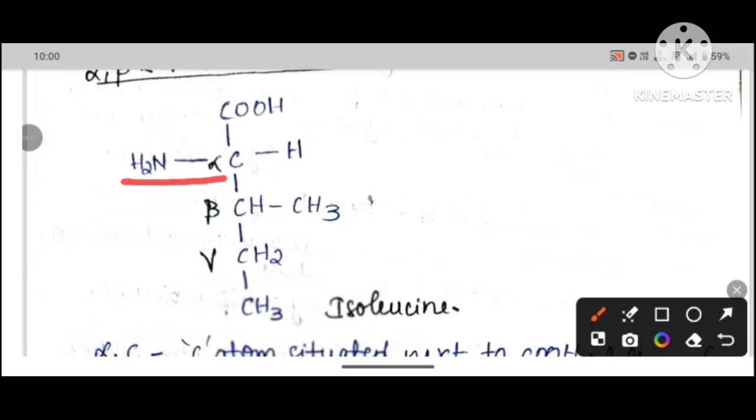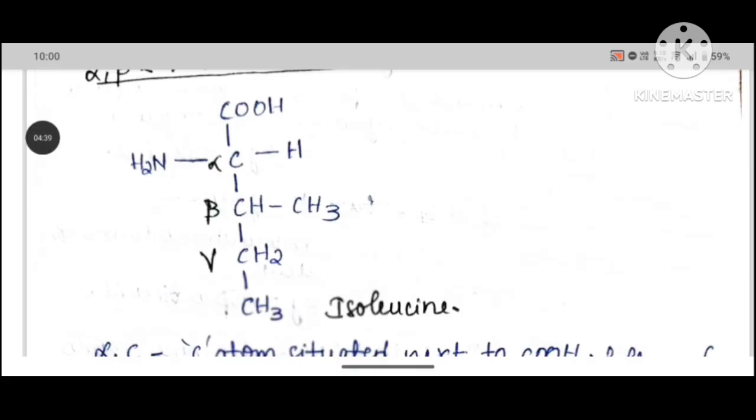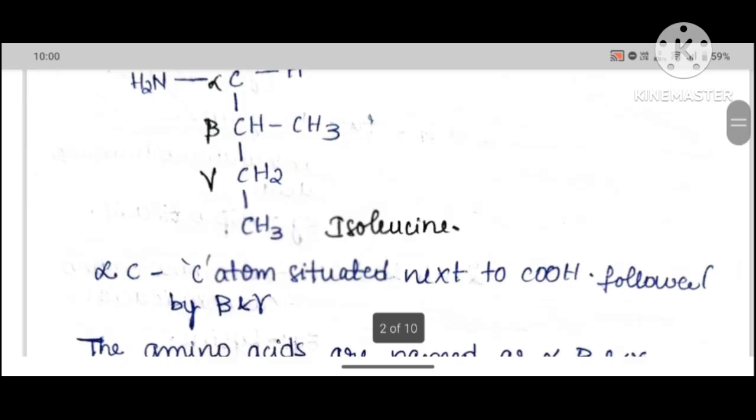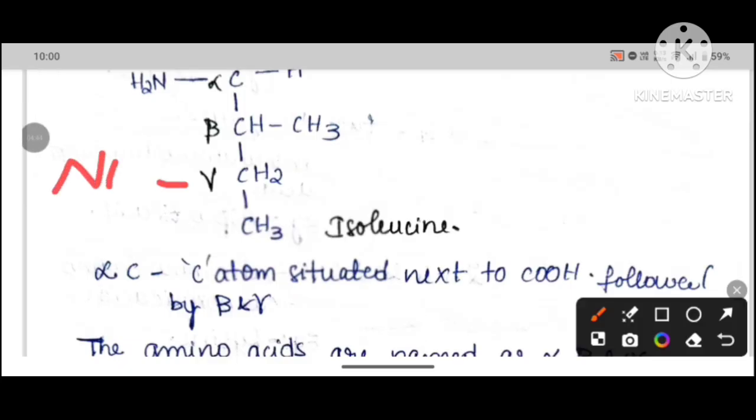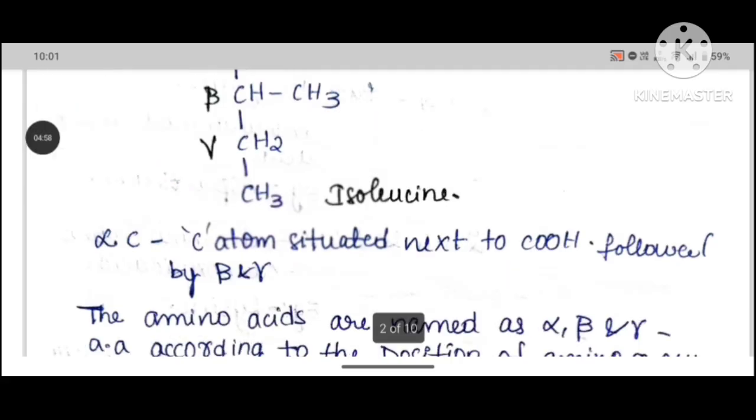That's why it is known as an alpha amino acid. Similarly, if the amino group is attached to the beta carbon, then the amino acid is called a beta amino acid. And if the amino group is attached to the gamma carbon, then the amino acids are known as gamma amino acids. This is how we classify alpha, beta and gamma amino acids based upon the attachment of the amino group to the carbon atoms.